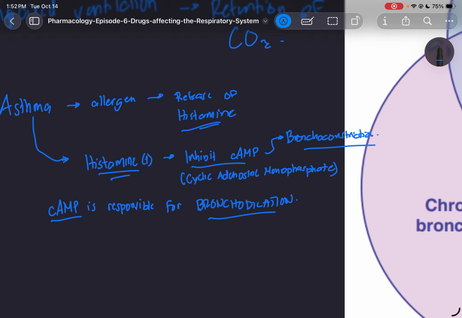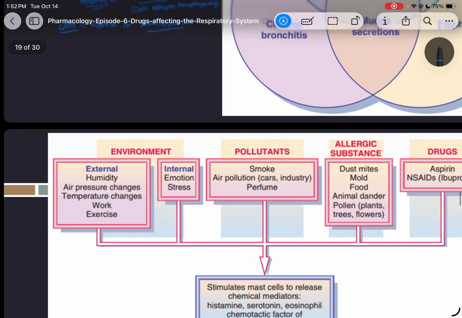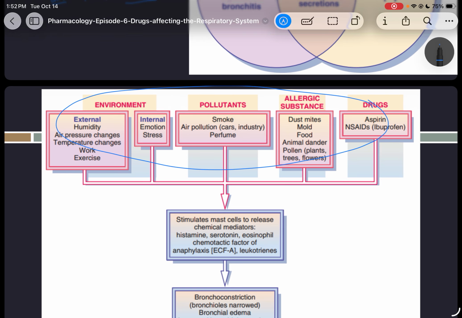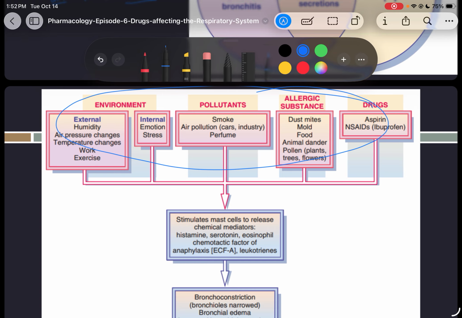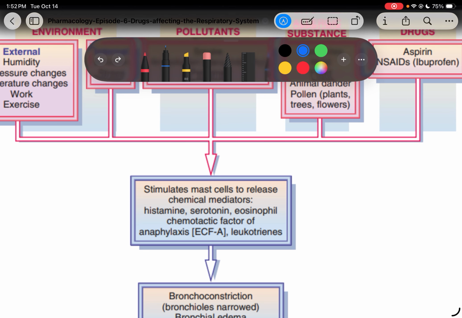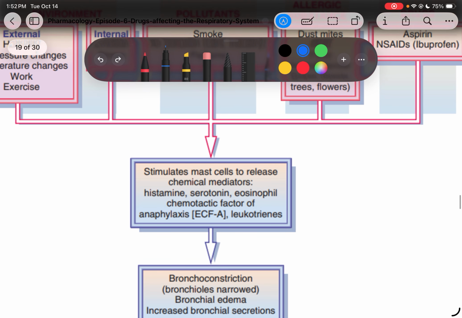Now, here is another summary of what's going to happen. There are various allergens that may cause what we call asthma. This will stimulate the mast cells to release chemical mediators such as histamine, serotonin, eosinophil chemotactic factor of anaphylaxis, and leukotrienes.